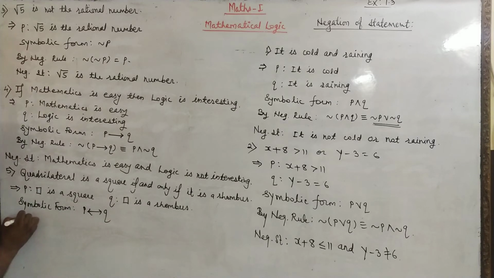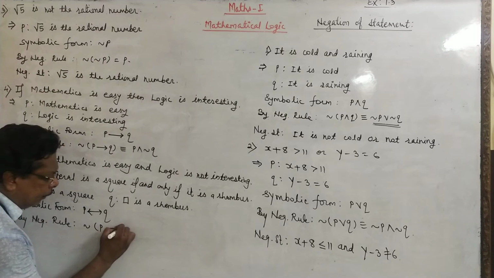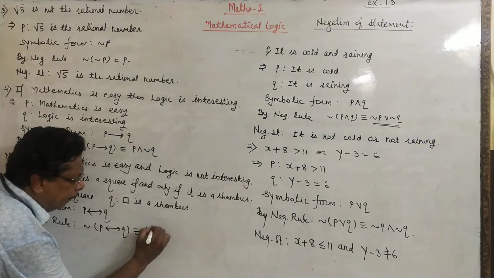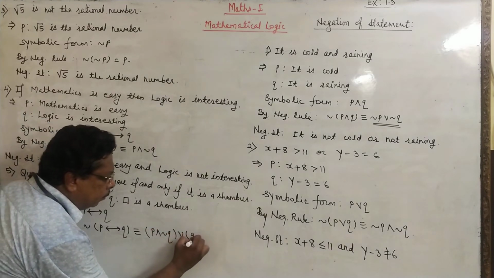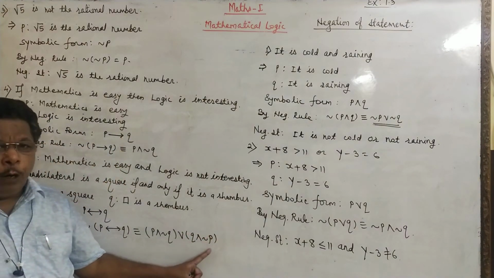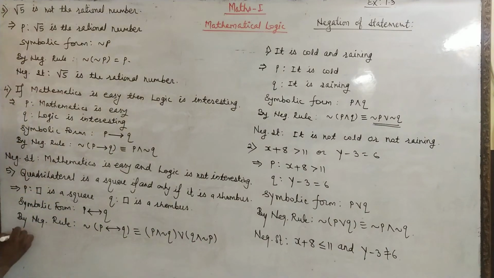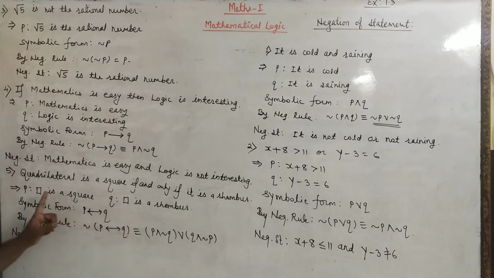Then use the negation rule. By negation rule, negation of P biconditional Q is logically equivalent to (P and negation Q) or (Q and negation P). From this, we have to write the negation statement. Okay, the negation statement is: first bracket, P and negation Q. What is P?